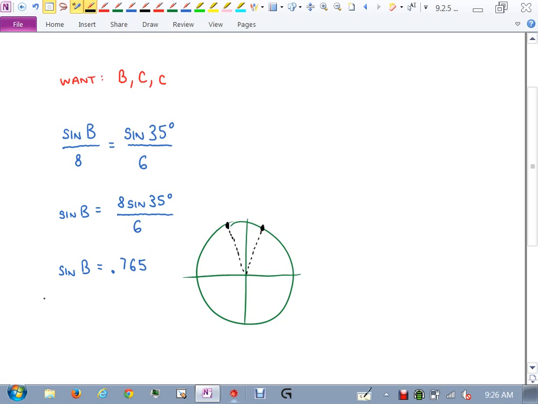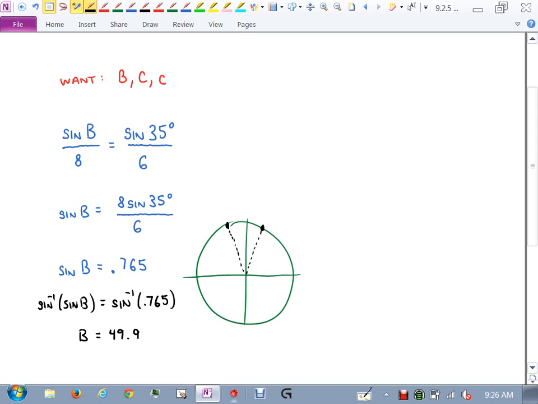Inverse sine on both sides. And you get about what? 49.91?